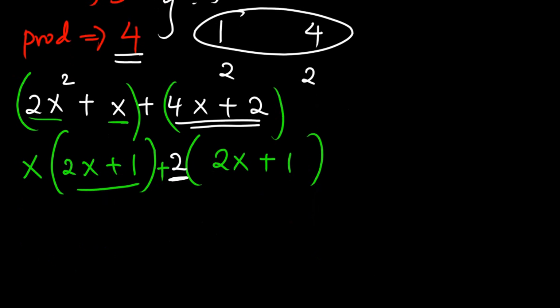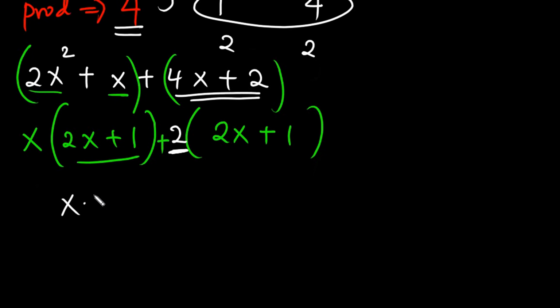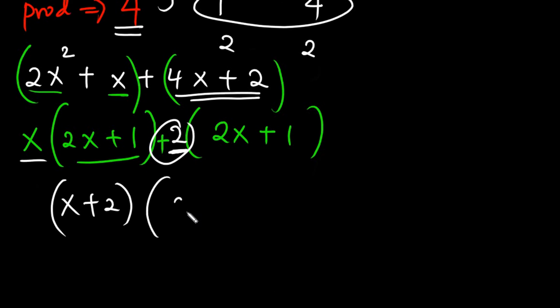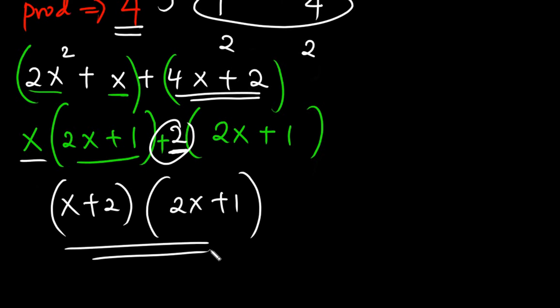Then after we have done that, we are going to have x plus 2. We are going to group them this way. x and then plus 2. And then 2x plus 1. And that way we have factorized that expression. If you want to confirm whether it's correct, you just need to expand this or to multiply this bracket by this other bracket. And you see you're going to get that expression.